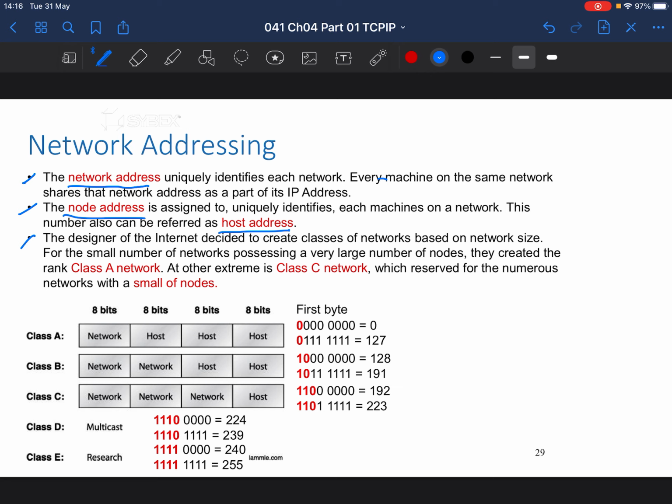So this is the comparison between class A, class B, class C, and also class D and class E. For class A, we have only one octet, or 1 byte, for the network, and another 3 bytes, or 3 octets, for the host. So class A is considered a small network but has a large number of hosts.